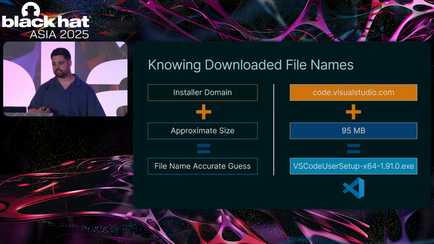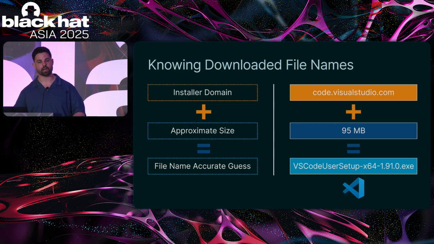So the conclusion is that if we know the domain that the client communicated with, and we know that a large file was downloaded from there, and we know the approximate size of that download, we can probably also very accurately guess the name of the file that was downloaded from there. So for instance, if we know that 95 megabytes were downloaded from code.visualstudio.com, then we know that the latest VS Code installer was probably downloaded.